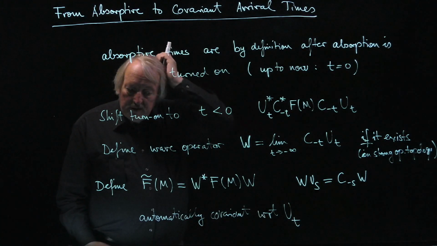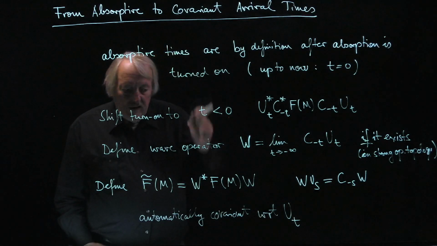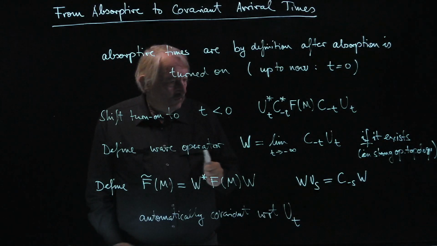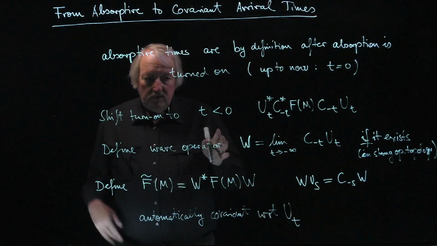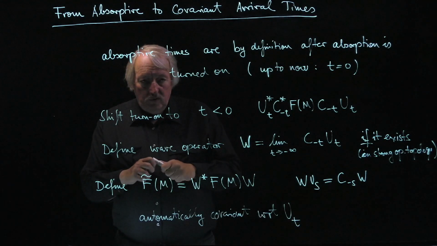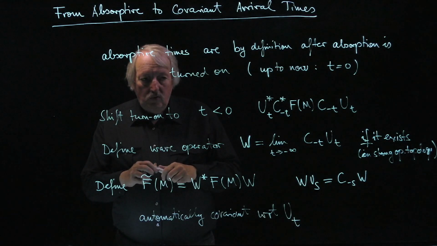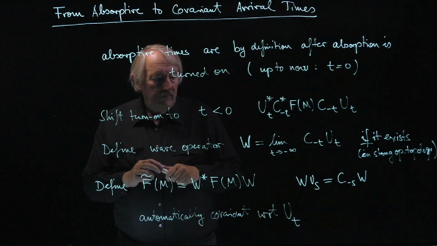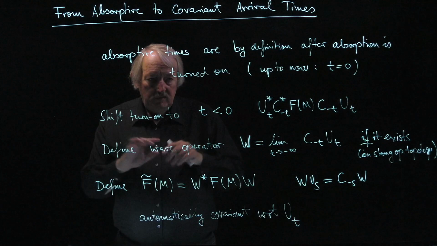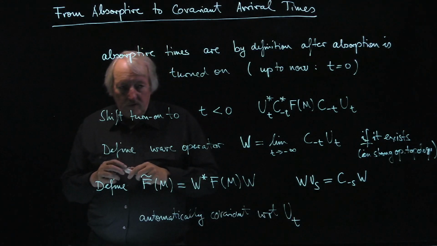So it's a bit tricky to find out when this scattering theory exists, but for the standard scattering theory of Hamiltonians, one of the nice and powerful general existence results is the Kuroda-Birman theorem, that says if the resolvent difference of two Hamiltonians is a trace class operator, then the scattering theory exists.